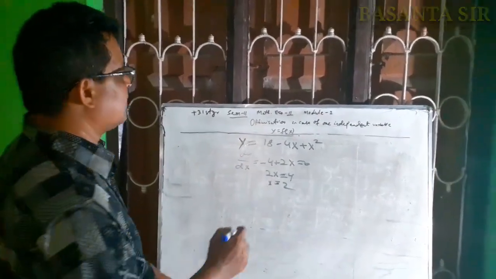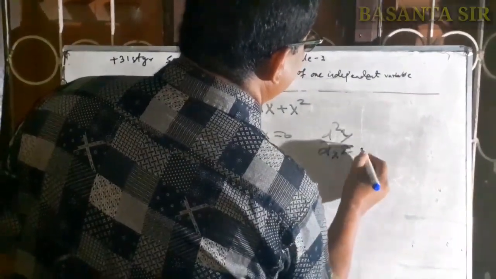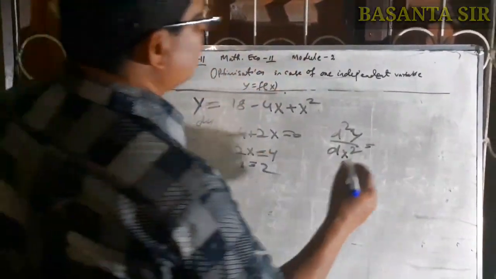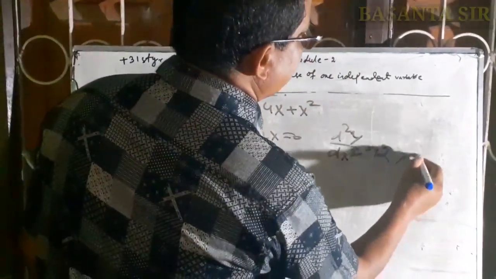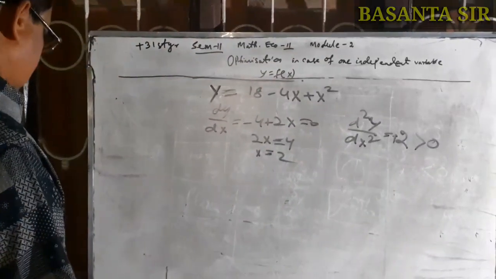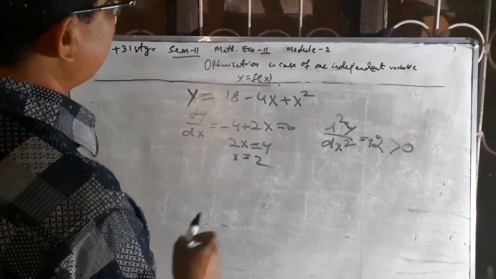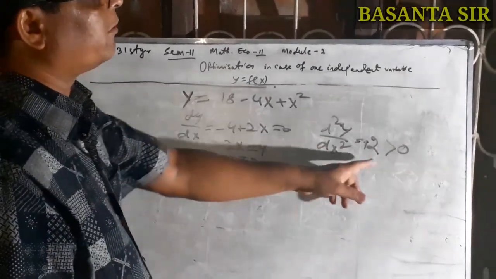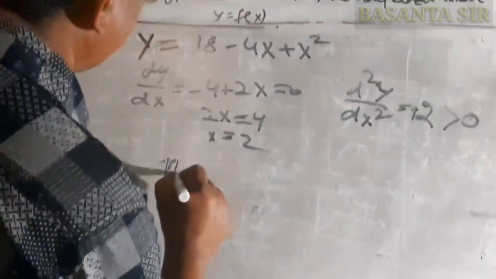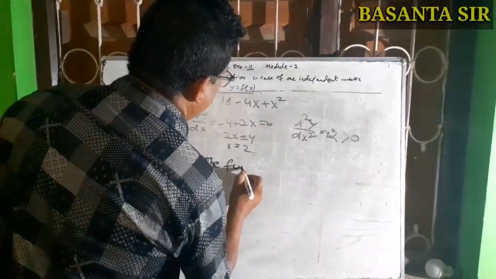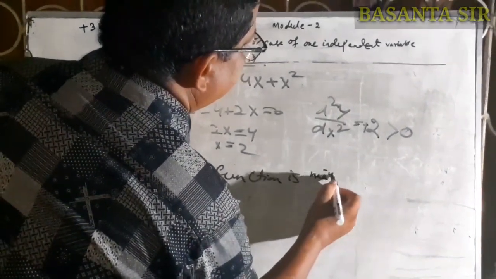It is not necessary here. We go for the second order derivative: d square y by dx square equal to 2 only. Plus 2 means greater than 0. What did our optimization condition table tell us? The first order derivative equal to 0 and the second derivative greater than 0 means the function is minimum.